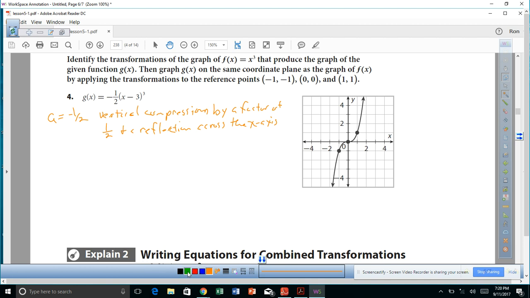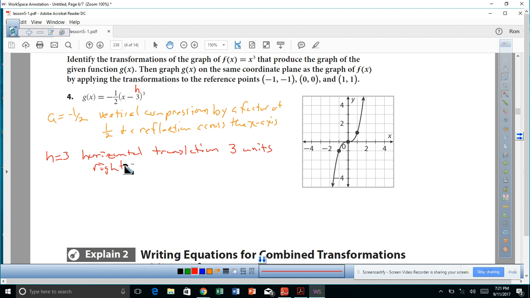Next we have, well, we don't have a b in this one, but we have an h. h is 3. So h equals 3. And that's going to be a horizontal translation, 3 units right.